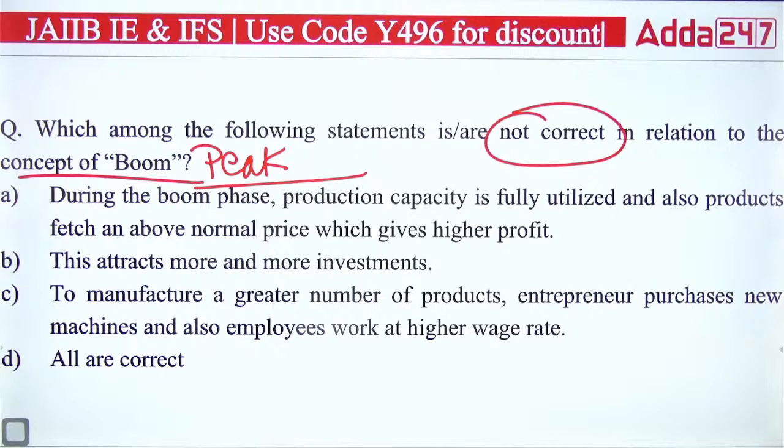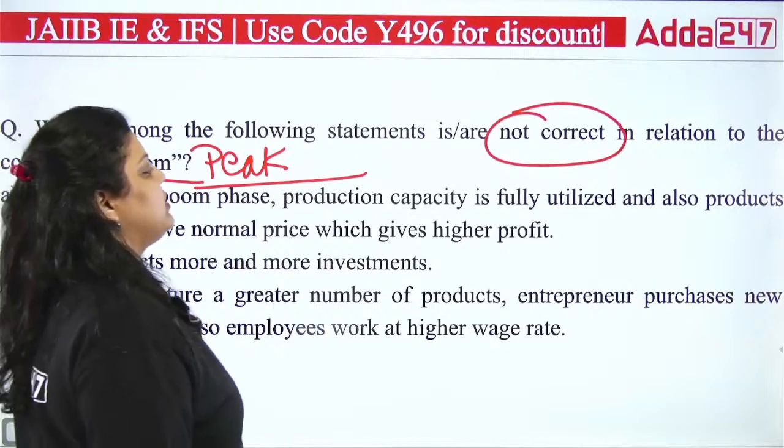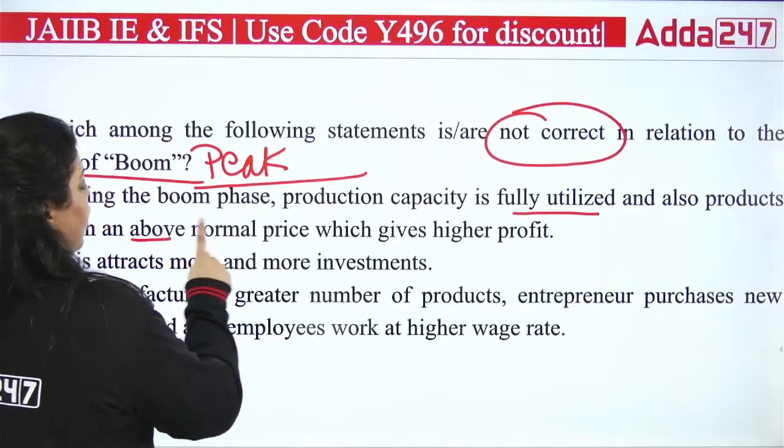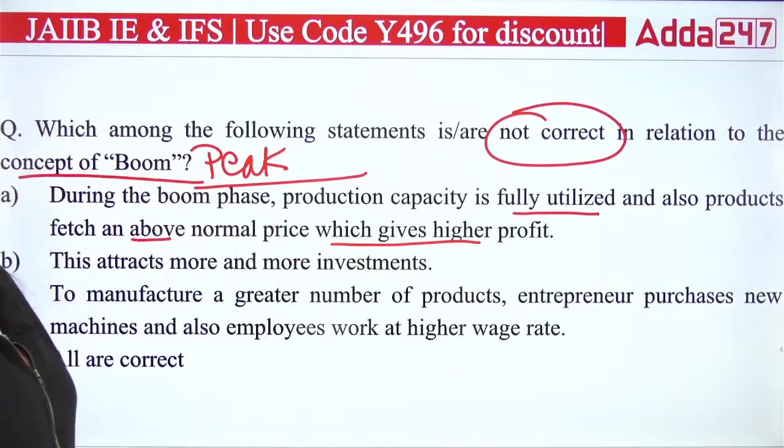First is saying during the boom phase, production capacity is fully utilized and also products fetch an above normal price, which gives a higher profit. Second is saying here that this attracts more and more investments. Third is saying to manufacture a greater number of products, entrepreneurs purchase new machines and also employ workers at higher wage rate. Fourth is saying all are correct.